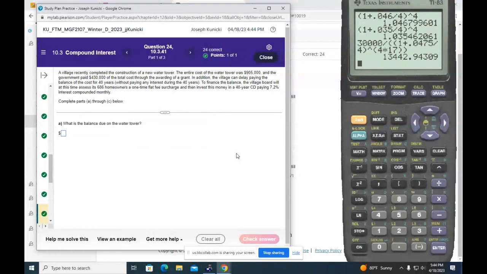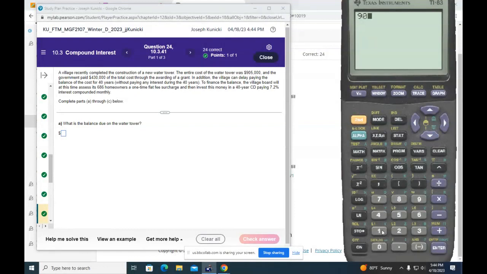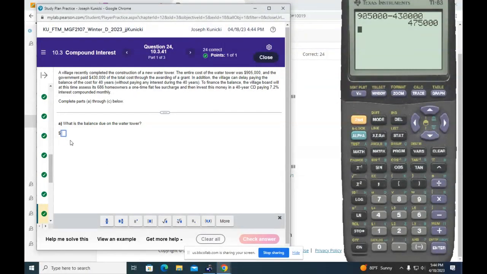A village recently completed the construction of a new water tower. The entire cost of the water tower was $905,000, and the government paid $430,000 of the total cost through the awarding of a grant. So we can answer the first question: what's the balance due? If we subtract $430,000 from $905,000, they owe $475,000.